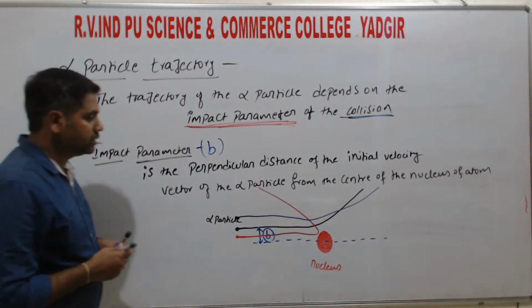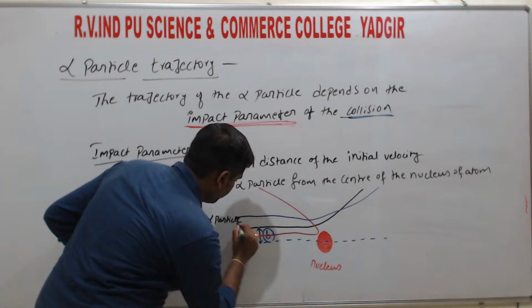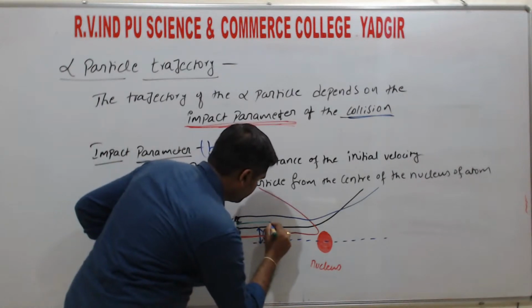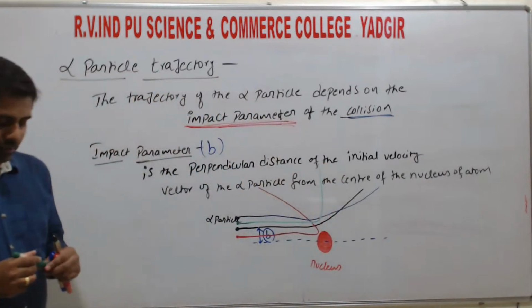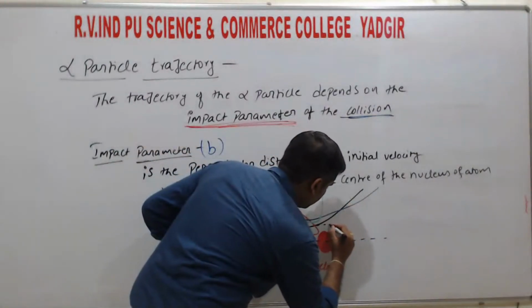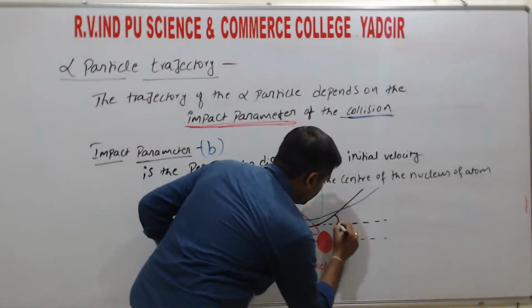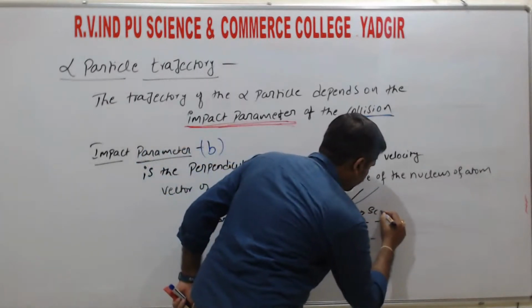If I consider this black one, this is the theta, that is the scattering angle.